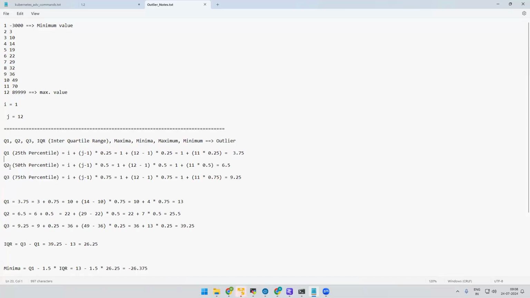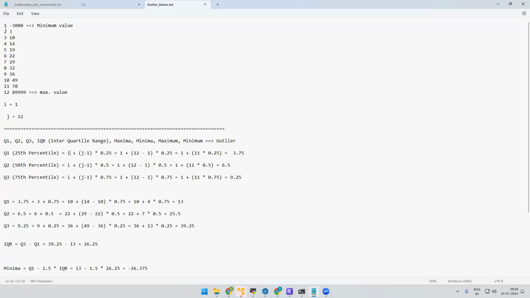So the Q1 formula is I plus (J minus I) into 0.25. Why do we have this 0.25? It is because of the 25th percentile. We can even calculate the 20th percentile also, then in that case it's going to be 0.20. But what we need here is Q1, Q2, Q3. Any questions on this part? This is the formula to calculate Q1. Now, what is I?